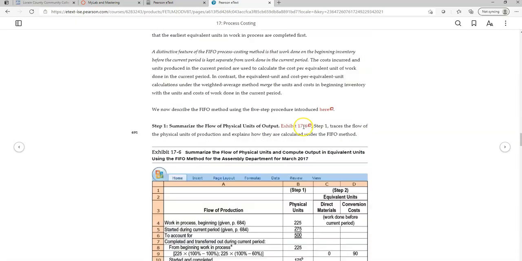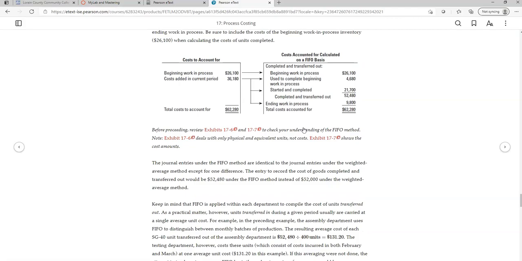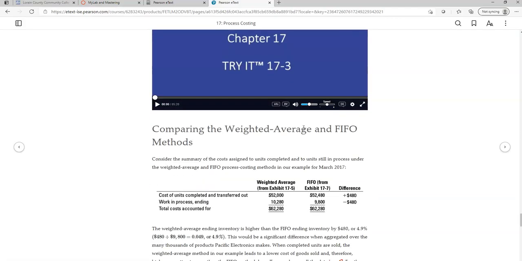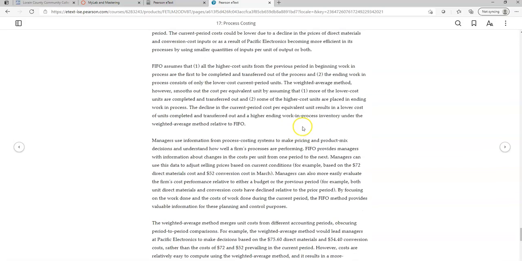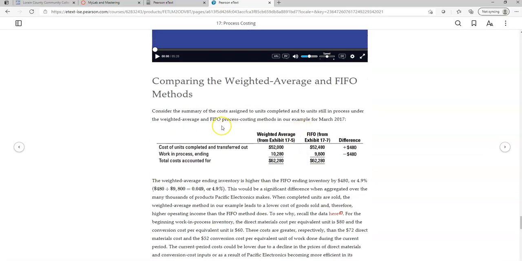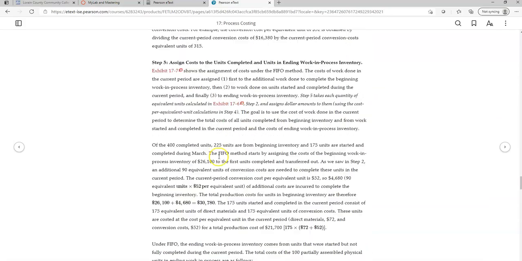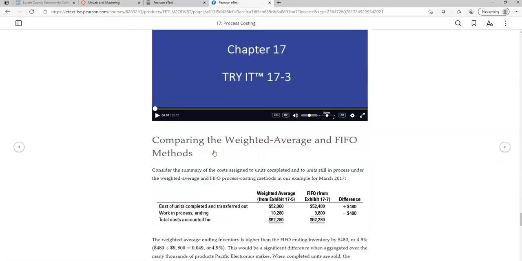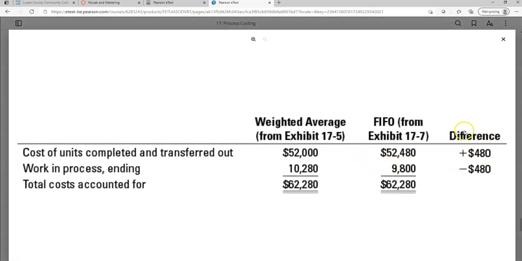And if we're in first in, first out, we know that there's a different dollar amount that's used for transferring inventory out. But the difference is a little bit smaller in this case.